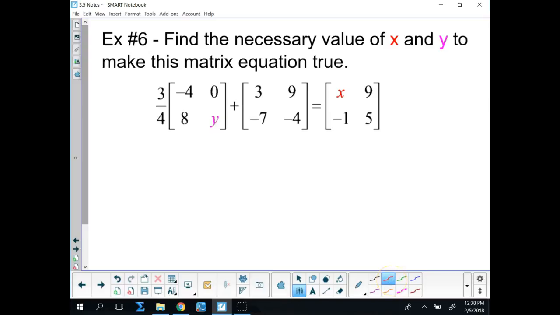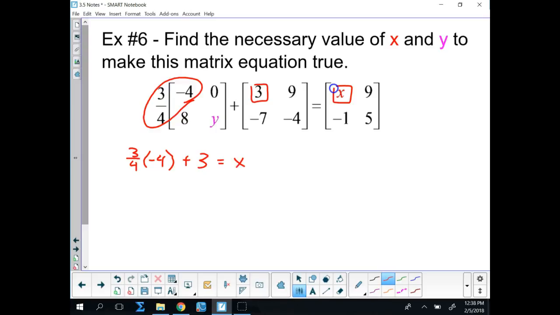So, x is in first row, first column, right? So that means I've got to take my first row, first column, and my first row, first column. Because there's scalar multiplication going on. So that's going to be 3/4 times -4 plus 3 is going to equal x.